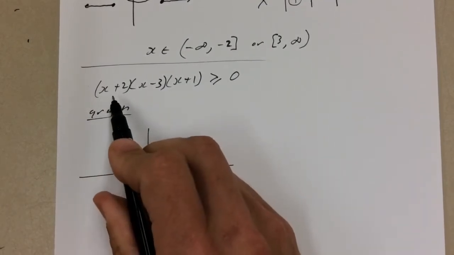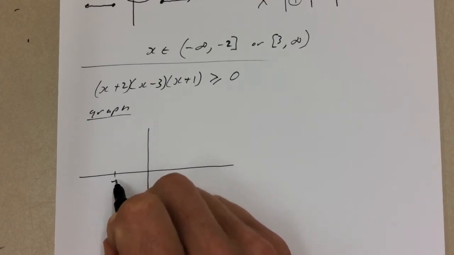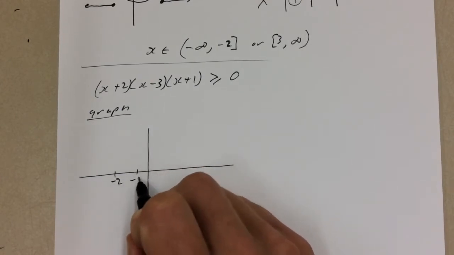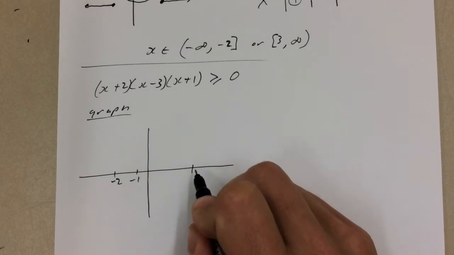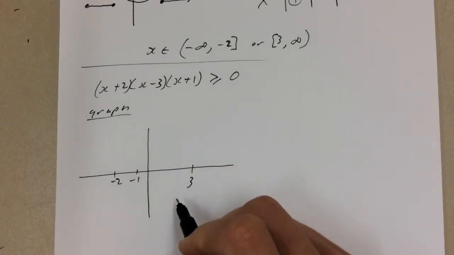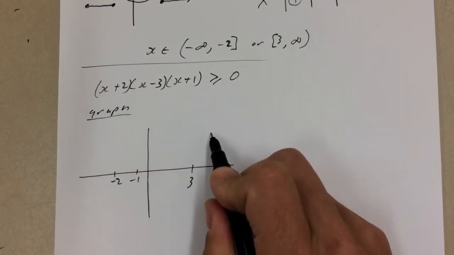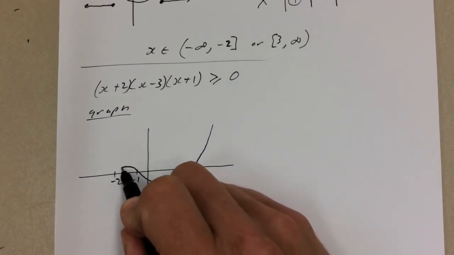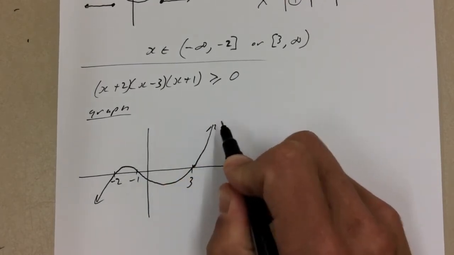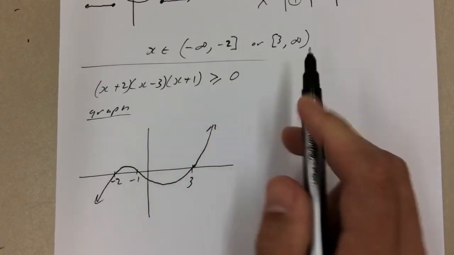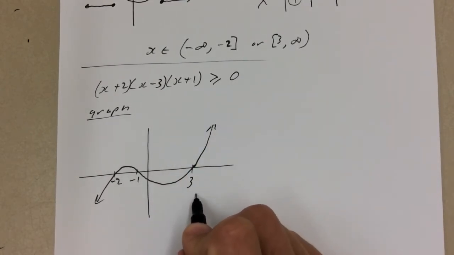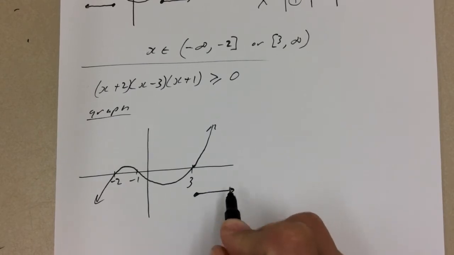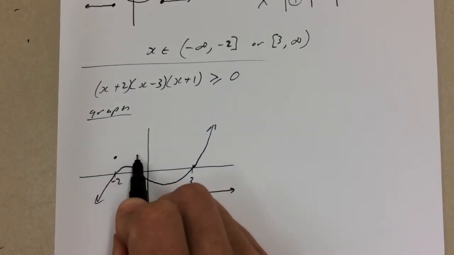So we've got -2, -1, and 3 as the x-intercepts. Positive leading coefficient, so it comes down like this, goes up, comes down like this. And when is it greater than 0? Well, it's greater than 0 from here over and between these 2 points.